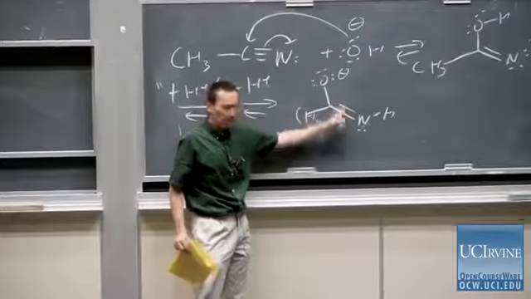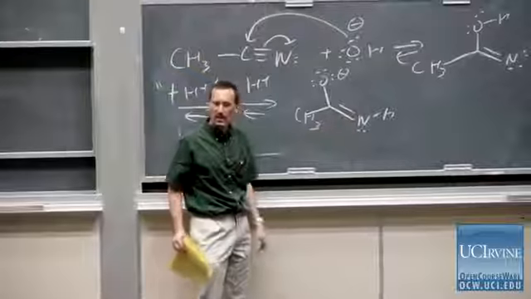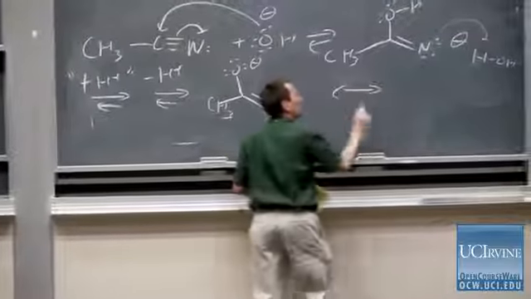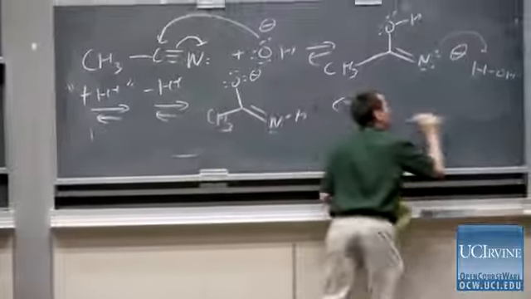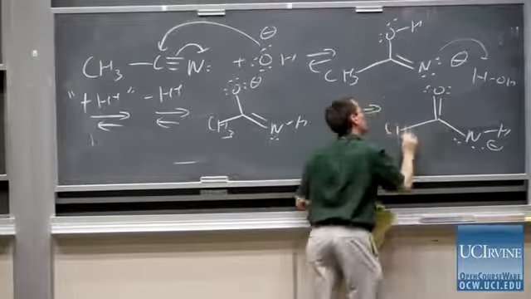And so this structure here is really just the analog of a carboxylate. In other words, there are two equivalent resonance structures here.